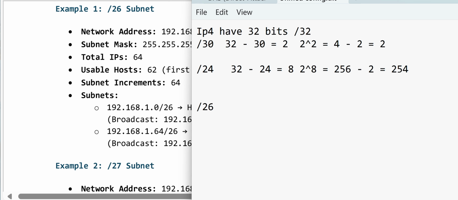Just to figure it out, let's go through it quick again. You'll do 32 minus 26. That equals 6. And then you'll do 2 to the power of 6 equals 64. Minus 2 equals 62. Okay, so you have your usable and your hosts.